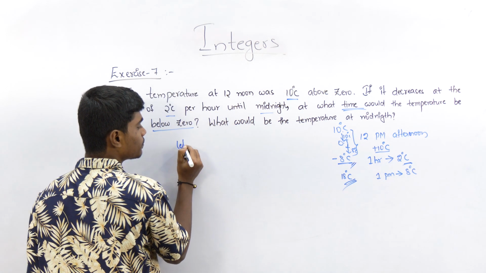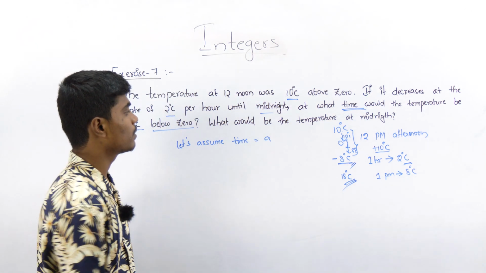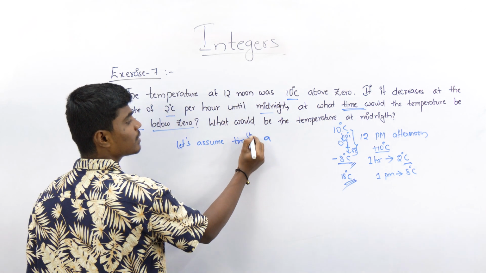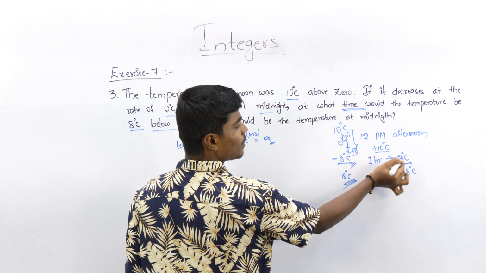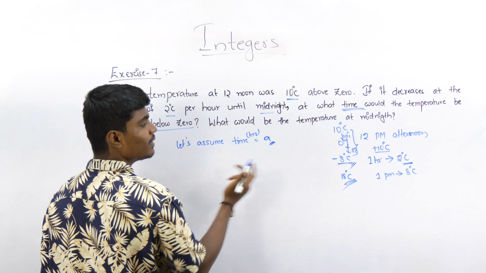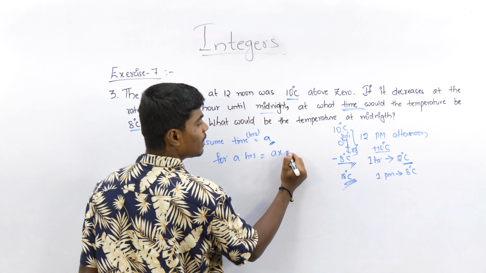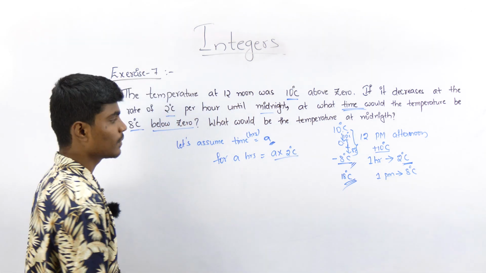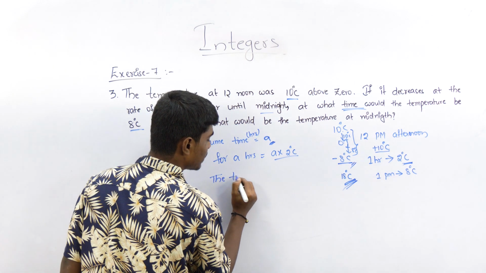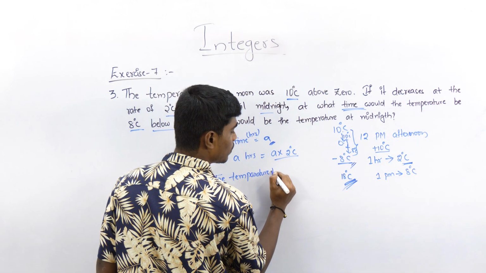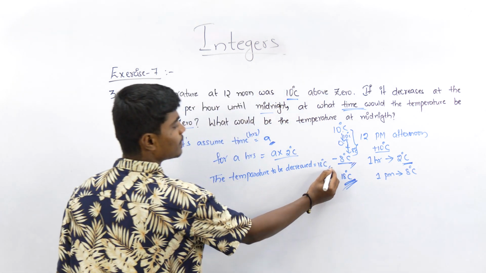Let's assume the time in hours is equal to A. For every 1 hour, it is decreasing by 2 degrees Celsius. For A hours, it will decrease A into 2 degrees Celsius. The temperature to be decreased is equal to 18 degrees Celsius.